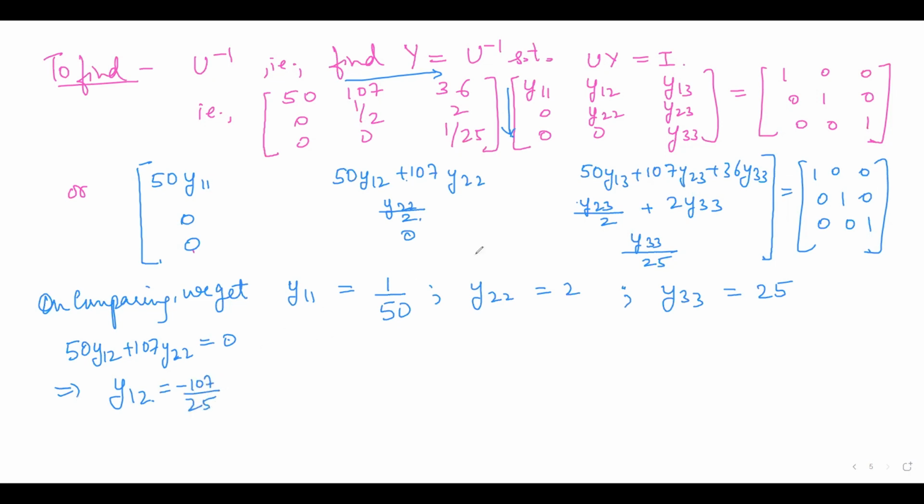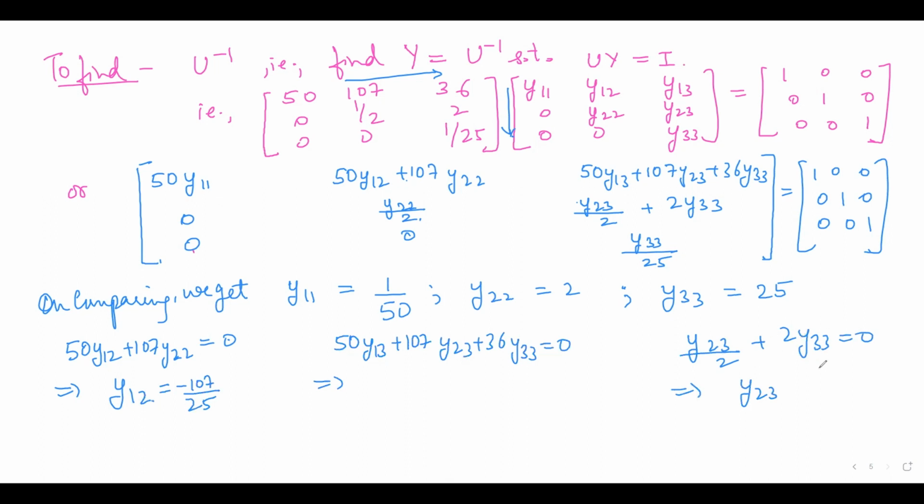Then 50 y13 plus 107 y23 plus 36 y33 is equal to 0. We don't know y23 either, so let me put y23 divided by 2 plus twice of y33 equal to 0. So from here, first of all, we'll need to calculate y23.